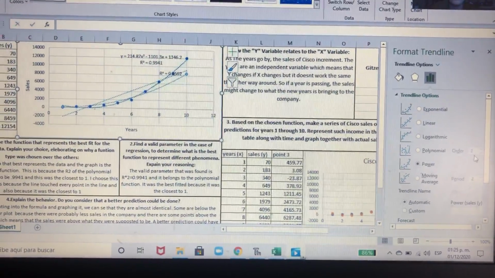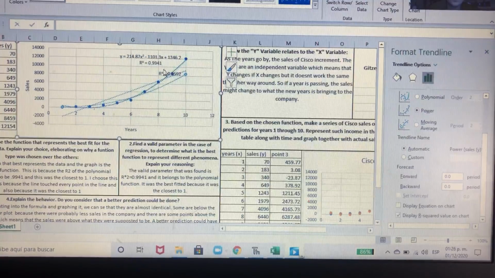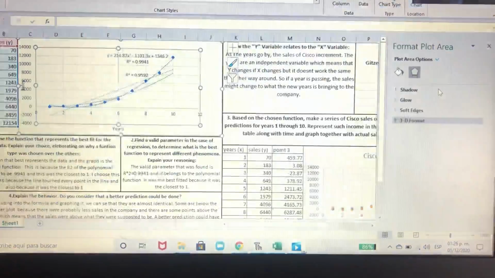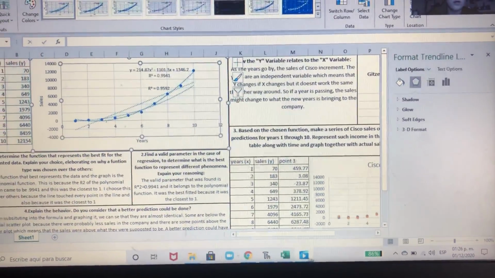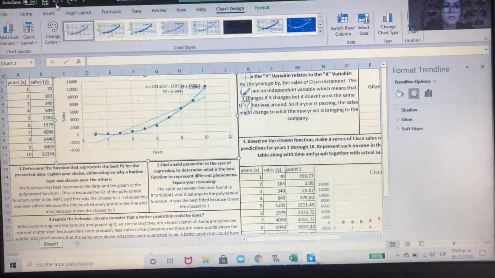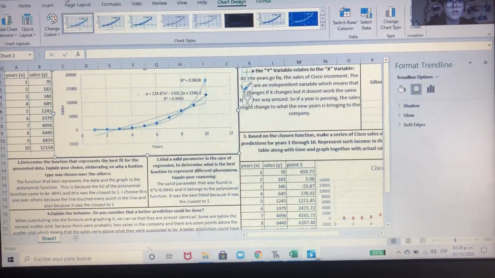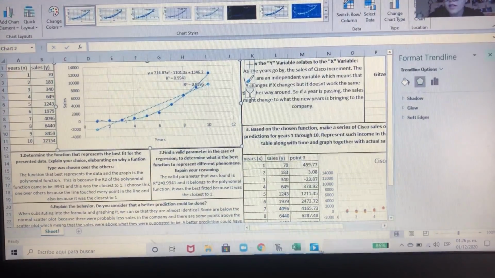The power one gave me an R2 of 0.95, so that wasn't it either. So I just went for the best suited one, which was the polynomial, which was the closest one to 1. Let me just close this and I can continue explaining.